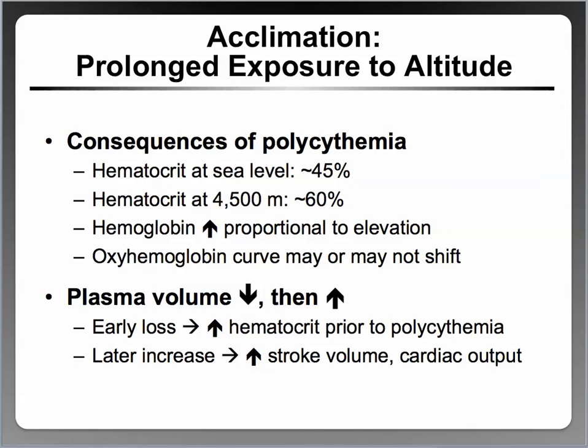However, once you rebound, the later increase in plasma volume results in increase in ability to carry out stroke volume, as well as an increase in cardiac output, and this could lead to an increase in performance with acclimation, but again, not to the levels that have been seen at sea level.